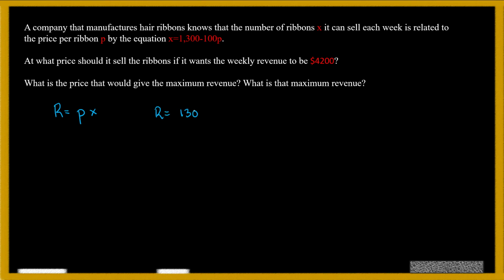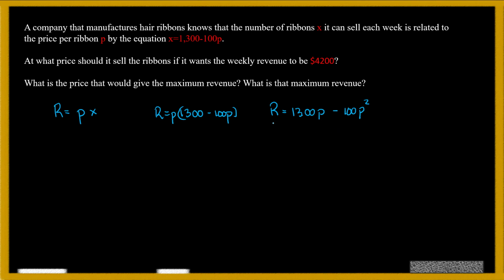So let's put that in here, and that is all being multiplied by the price P. Let's distribute this through, and we'll get that the revenue is equal to 1300P minus 100P squared.